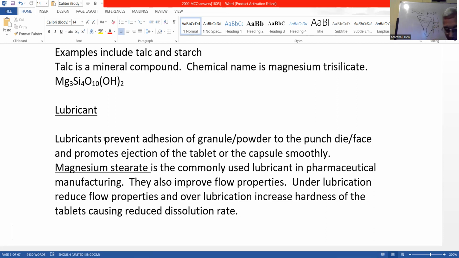After pressing, the tablet needs to be released. So to release the tablet, you apply some lubricant. With the powder, the lubricant also goes there, mixed with the powder. The common lubricant is magnesium stearate.